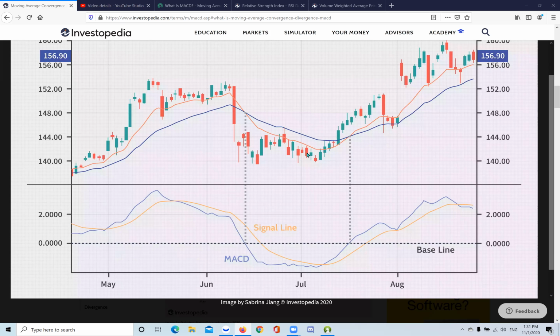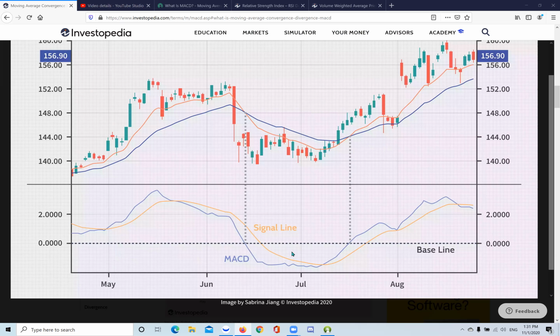And also when you see the candlestick go over this resistance line, it's considered a buying signal. From this line here, it crosses over this resistance line. That's what I do. But when you want to use the MACD, just consider this blue line.